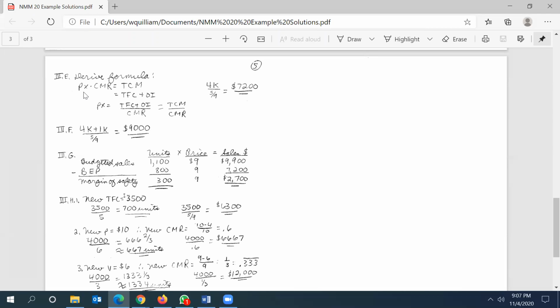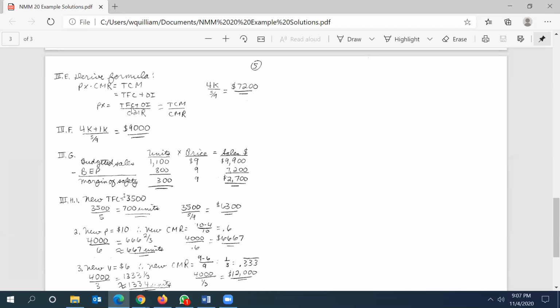Total revenue, or PX, times contribution margin ratio equals total contribution margin. We've seen that. Well, total contribution margin, I could expand that. It actually equals total fixed cost plus operating income. We've seen that too. So now if I divide both sides by contribution margin ratio, I'm left with PX on the left-hand side.